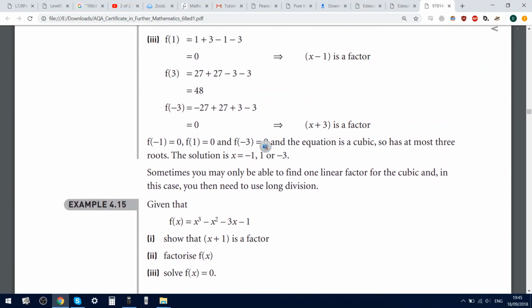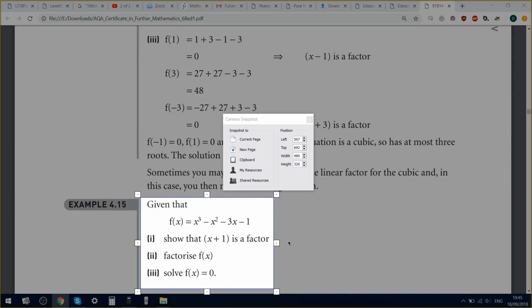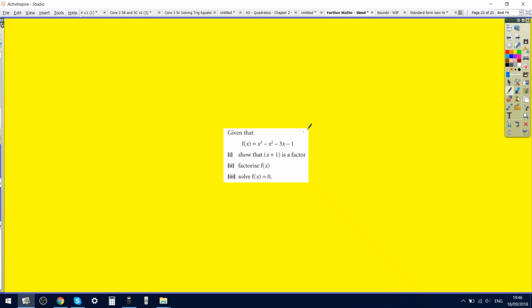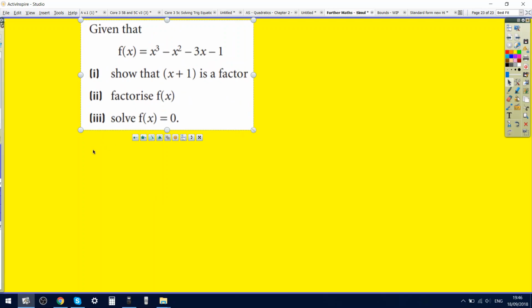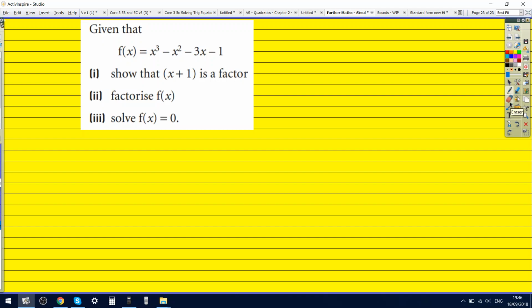Okay, let's do this one. Any way you like. F of x. Basically we want the f of minus 1 here. The f of minus 1 should be equal to, so minus 1.